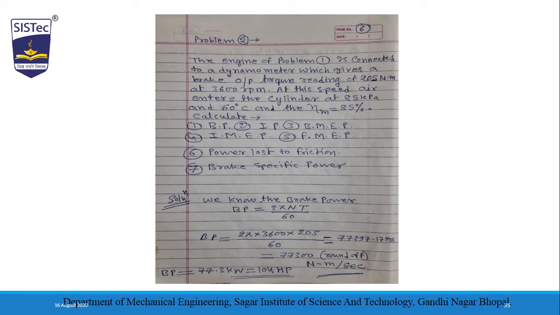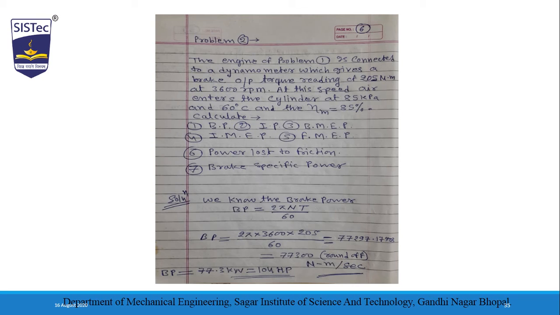So, with the help of the solution, we know the formula to calculate the brake power, that is brake power equal to 2 pi NT divided by 60. So keep all values in the formula and finally we will get 77,297.179.